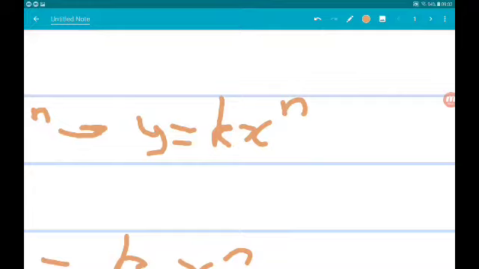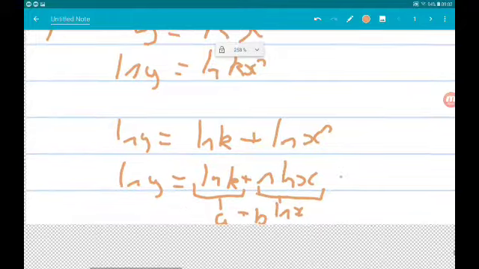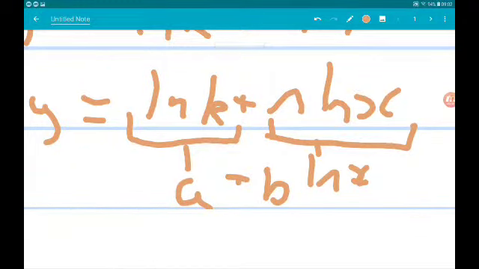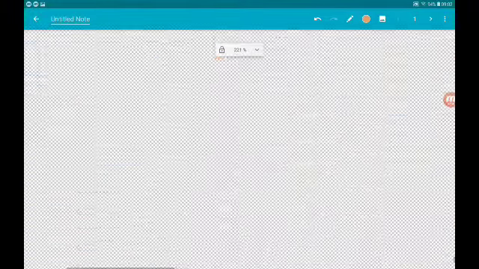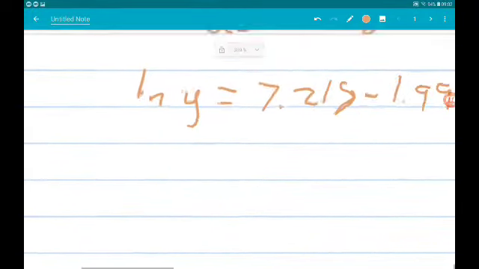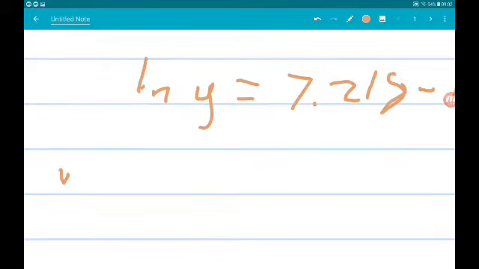So, we know the value of n is minus 1.999. What we need to do is find the value of k. So, again, remember that we've said that a is log k. Now, we know that a is 7.218.